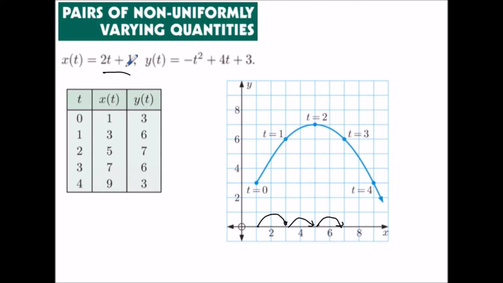As opposed to the y values, the shift from this value to this value here is 3 units. From here to here is 1 unit. Then from here back to here we're down 1 and we're down 3. So the y values are changing in varying amounts as opposed to x, which is going to remain constant.